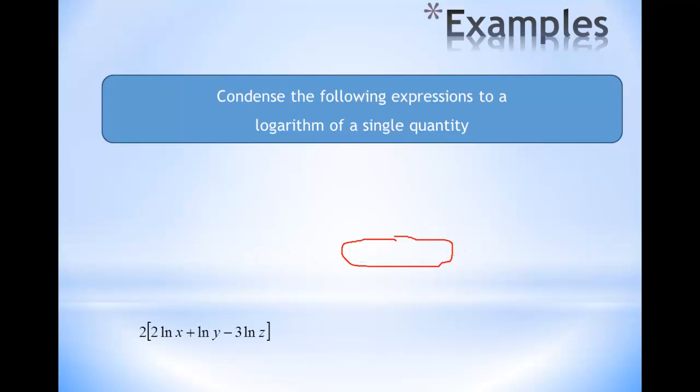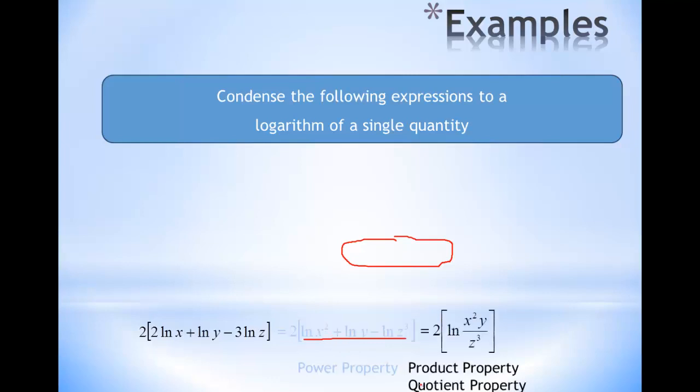Let's do one more. That 2 has to get distributed to every term. I can also put that power up first. So I'm going to deal with the inside part of this thing first. Again, just like the last problem, I have a product here and a quotient. I've got to use the product and quotient rules to combine the inside.